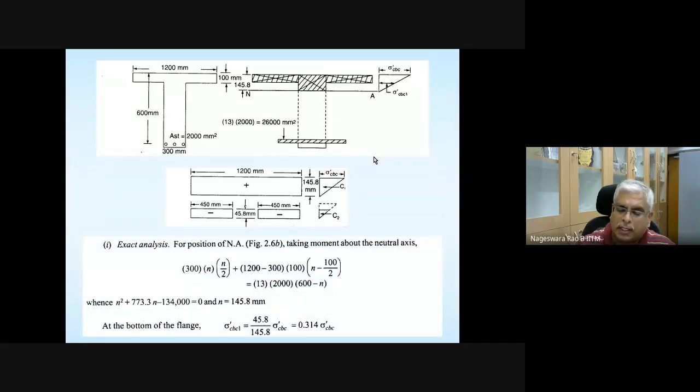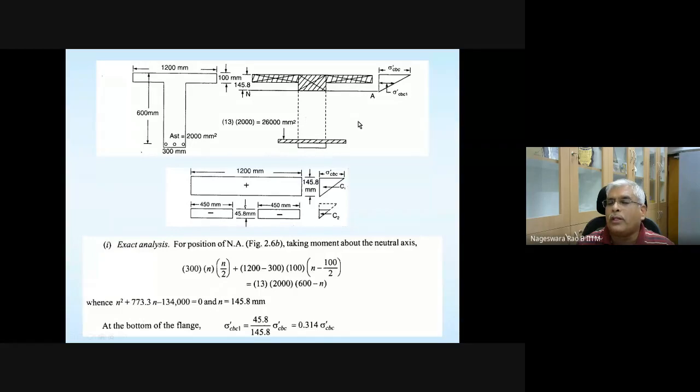Lever arm is nothing but the distance from the centroid of the area in compression to the centroid of the area in tension. To get the lever arm, I need to find where the resultant compressive force is going to act with respect to the neutral axis. That location is important. Then only I can find the lever arm.